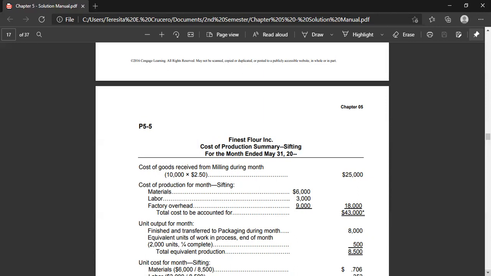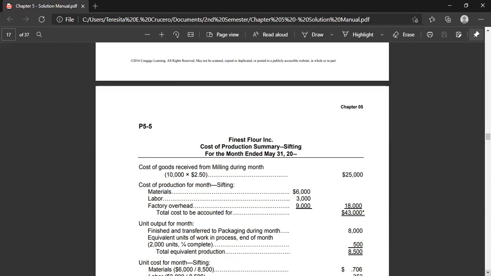Actually given is 18,000. So that's taken by including material cost. The material cost in here is during the month, no?